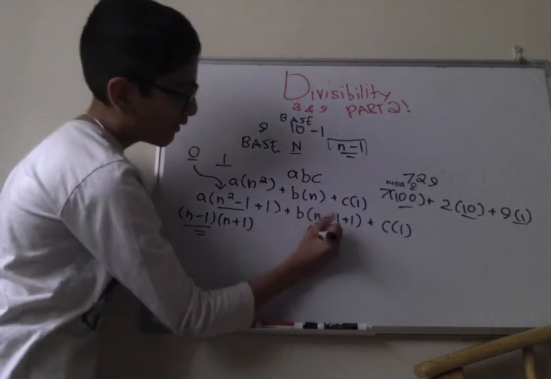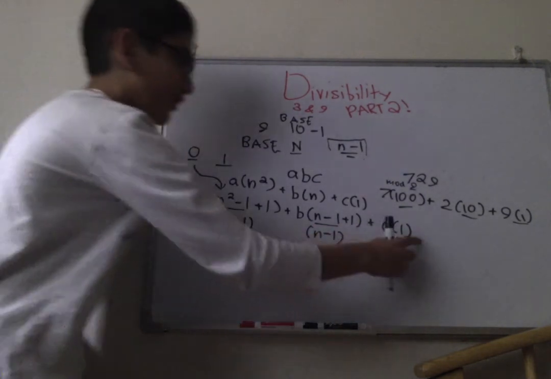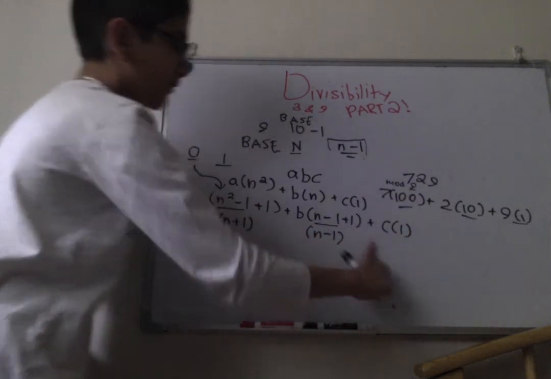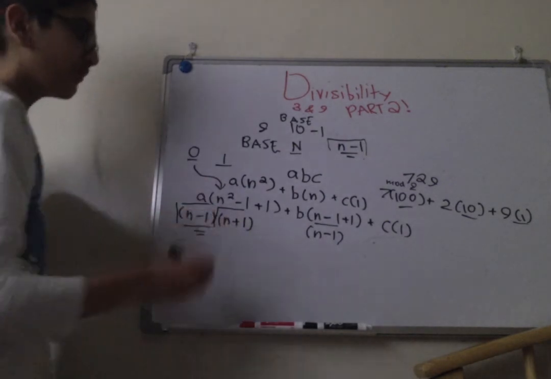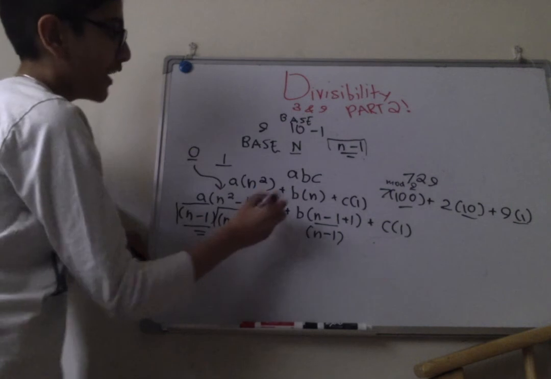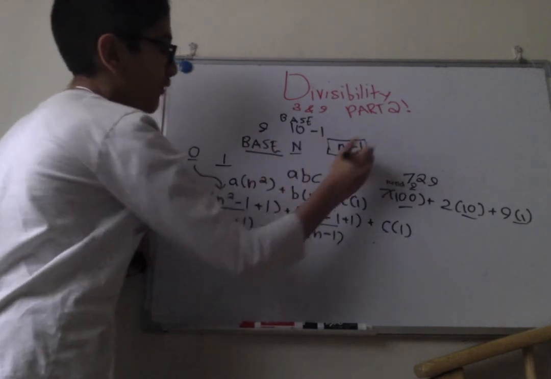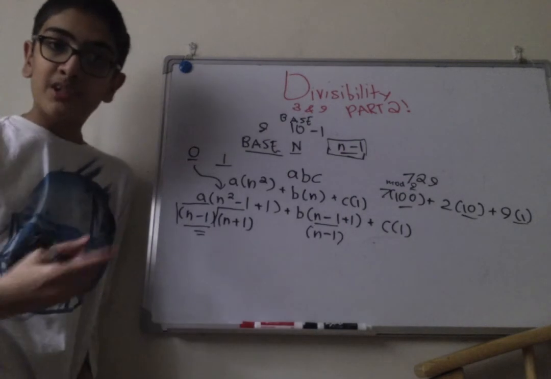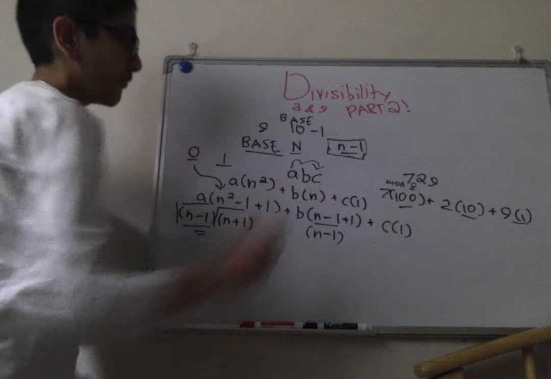N minus 1 is here for B, and 1, it's just 1. It's congruent. Yeah. So that means we proved our idea that with base n, when we're dividing by n minus 1, we don't need to check if it's divisible. We can just add the digits, A, B, and C.